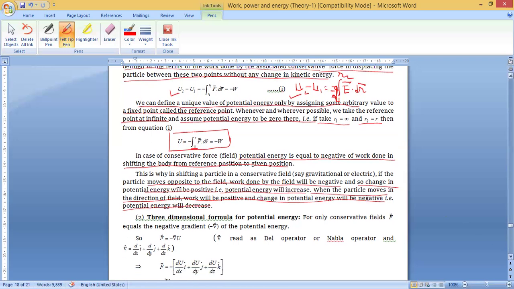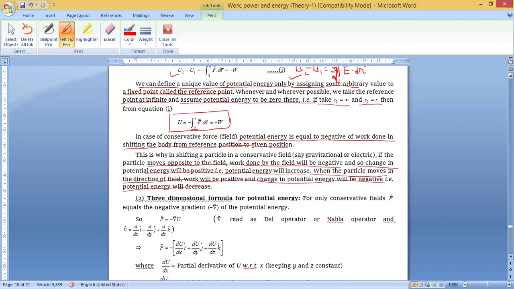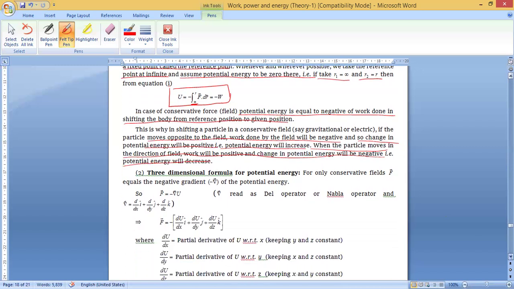Now in form of a gradient, for only conservative field, F equal to the negative gradient of the potential energy. Gradient means change with position or distance.